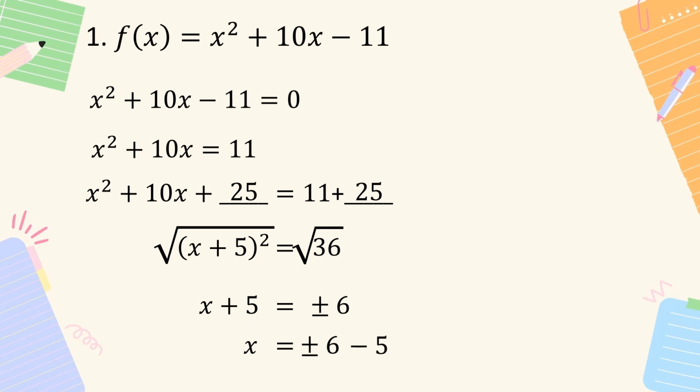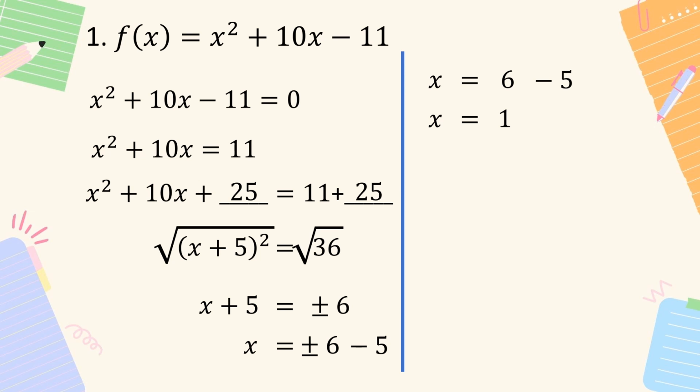With this, we are now ready to solve for the values of x. We now have x equals positive 6 minus 5, and that is equal to positive 1. So x is equal to positive 1.